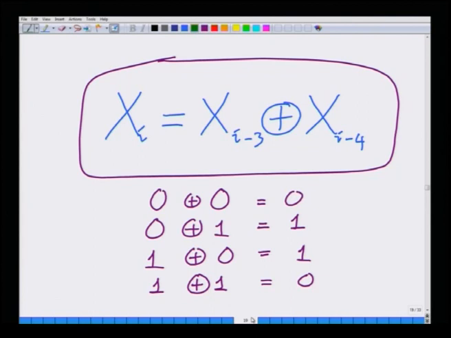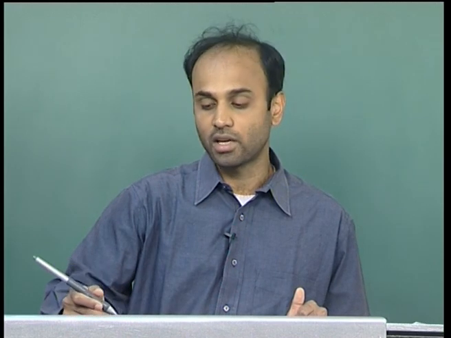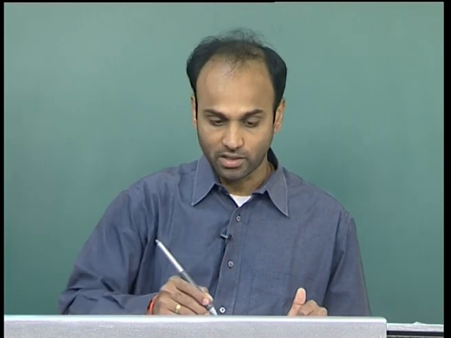The defining equation of this LFSR is xi equals xi minus 3 XOR xi minus 4, and we were about to tabulate the different states and the outputs of this linear feedback shift register.